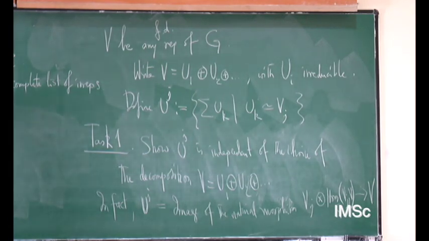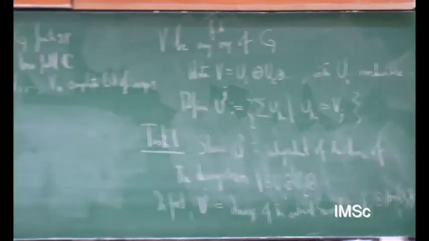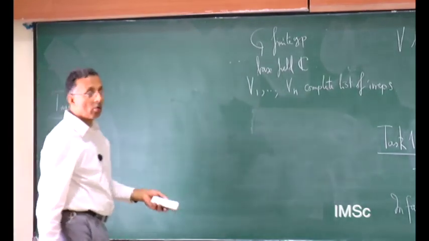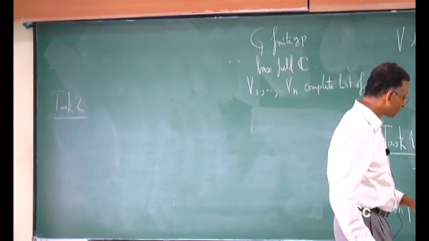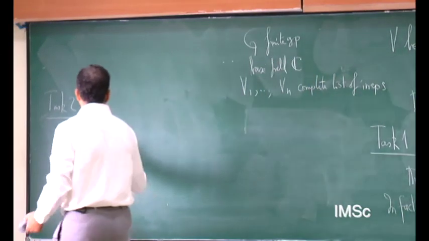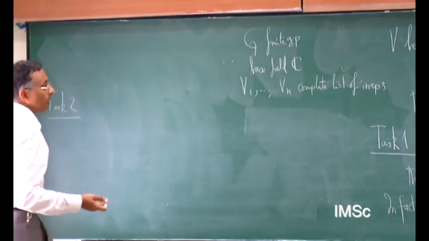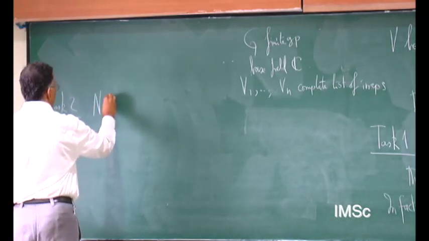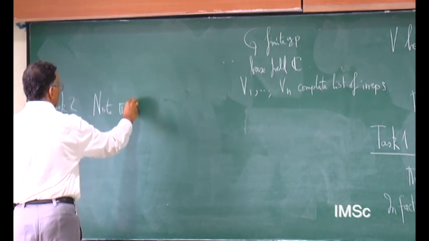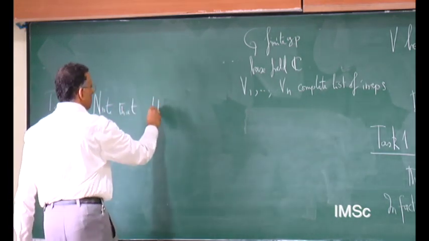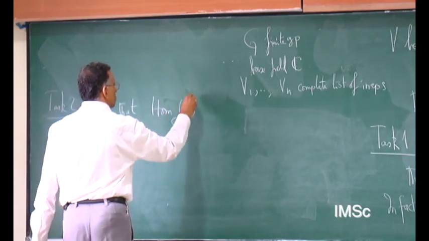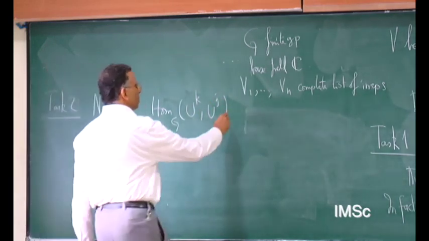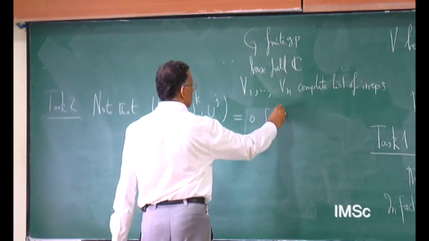Now task 2. Notice that Hom_G(U upper k, U upper j) is equal to 0 for k not equal to j.